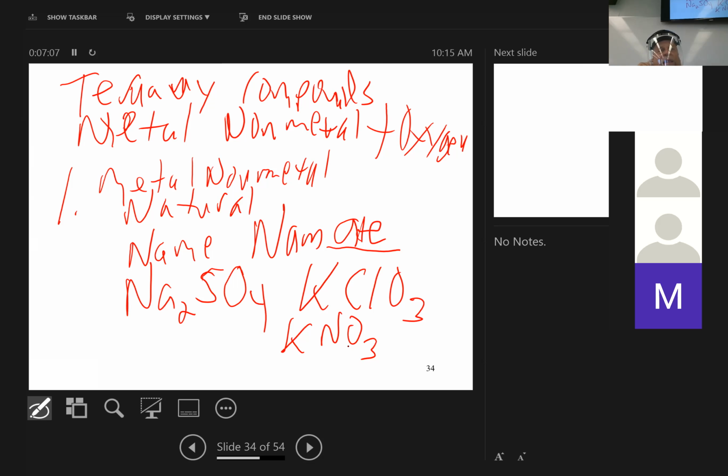What does it mean when it says ATE on the end? It's an ion with oxygen. So what is this ion called? Sulfate. Okay? It's not sulfur tetroxide, it's sulfate, because it has this little charge on it. It's connected with this sodium sulfate compound, okay?